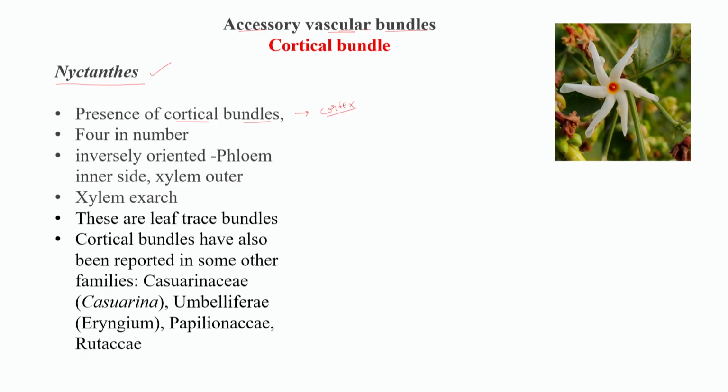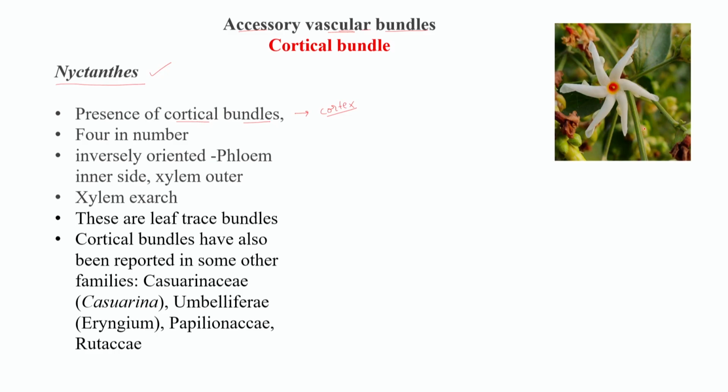It produces fragrant flowers which have a lot of smell, a very beautiful scent, and you would have seen a white flower with a yellow or orange mark at the center, and we also call this parijat.